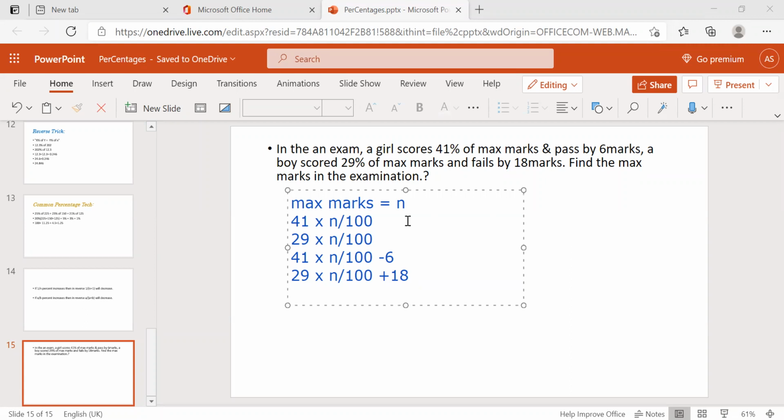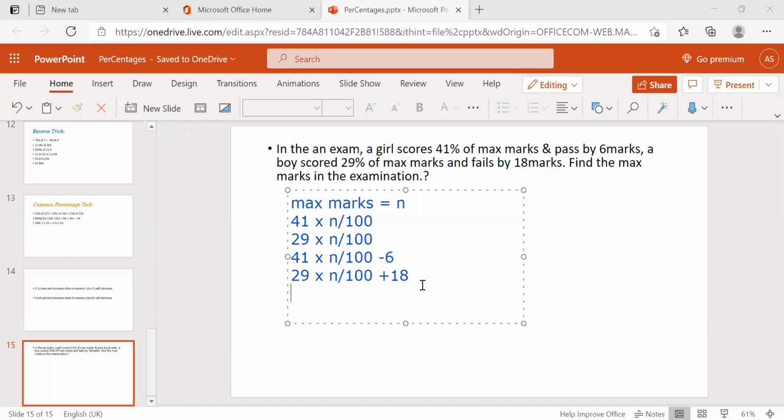Now, by just equating these two, we'll get the answer here. This one also is the pass marks, right? So I got 41, and I'm taking this 6 marks out of that, and it is equal to 35. And here I'm adding 18 to get 35. 35, 35. So both are equal, right?